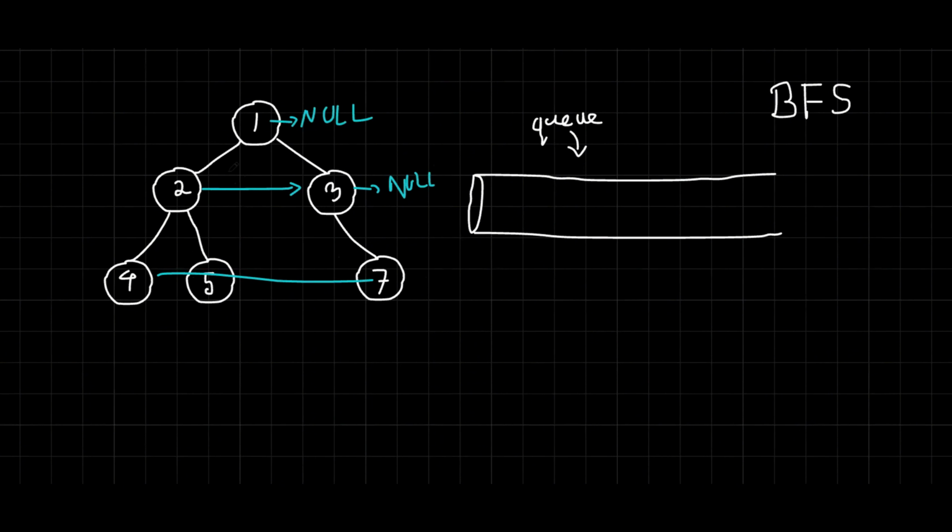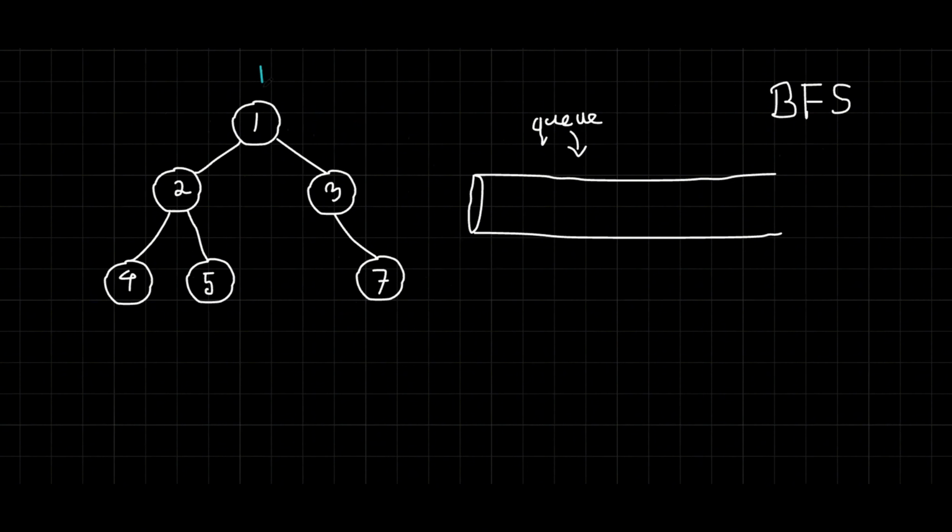So as in this problem, we have to deal with level by level. So we will use the BFS algorithm, and to implement the BFS, we have to use the queue data structure. Now let's see how we can solve this problem by using the queue data structure.